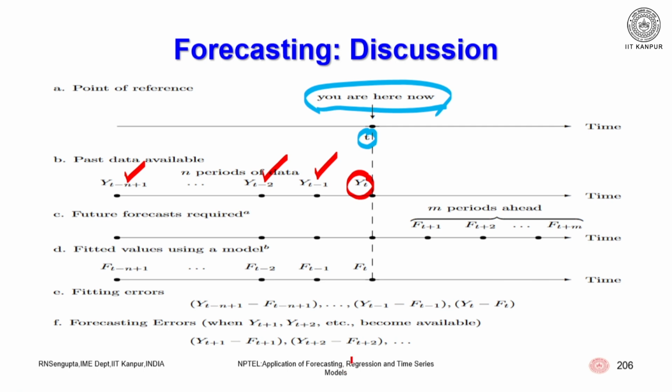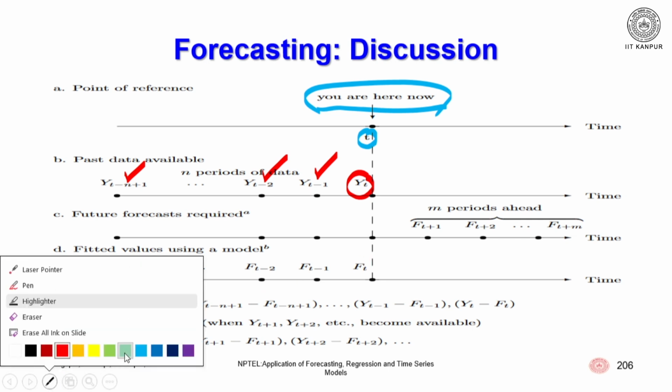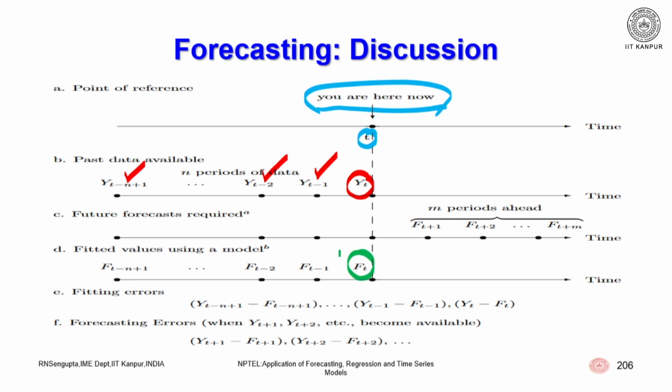And the corresponding forecasted values would basically be that if I have the past data, which is in step D, I will come to step C later on. So, if you have the past data, I will use green color, you have f t corresponding to f t minus 1, t minus 2 till f t minus n plus 1. And having said that, you want to basically forecast some time periods down into the future, and here it is.